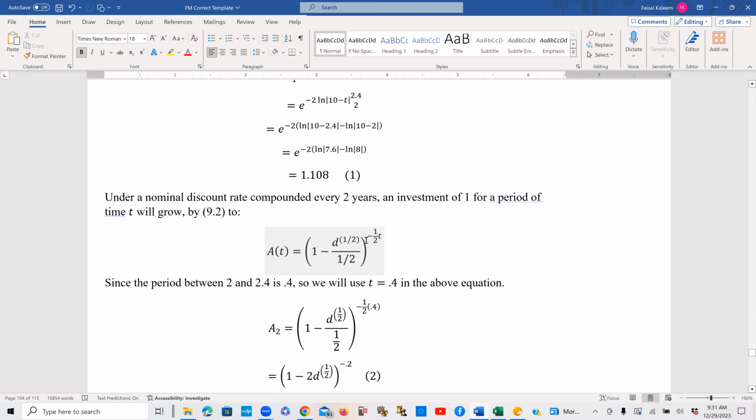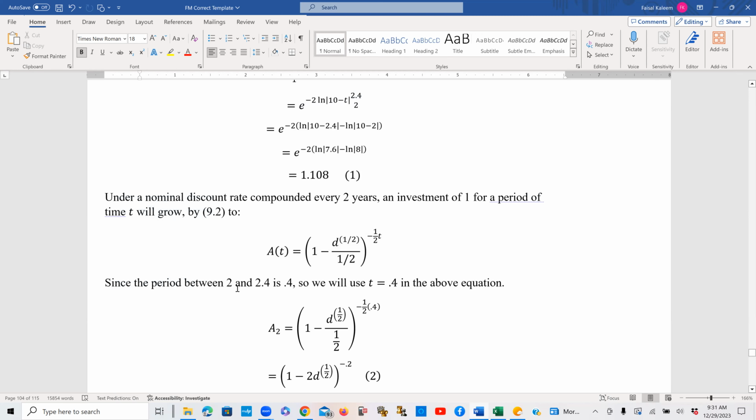And when the compounding happens every 2 years, m is a half. Remember, m is how many compoundings you have every year. If there is one compounding in 2 years, then in one year there is half a compounding. So that's why m is a half in this case.